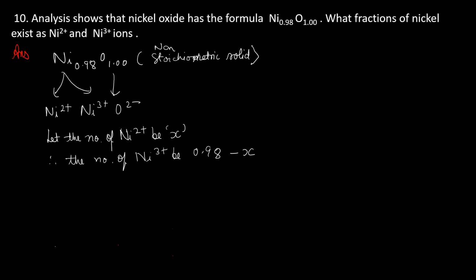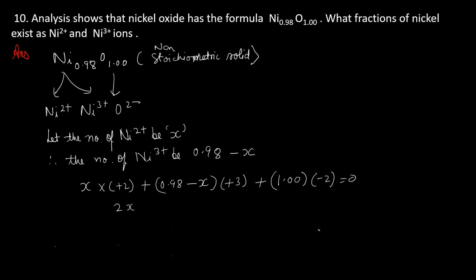Now, since the compound is always neutral, x into the charge present on nickel ion, plus 2, plus (0.98 minus x) into the charge present, that is plus 3, plus the number of atoms of oxygen, 1, and charge minus 2. Now when you solve it, it comes out to be 2x plus 2.94 minus 3x minus 2 is equal to 0.